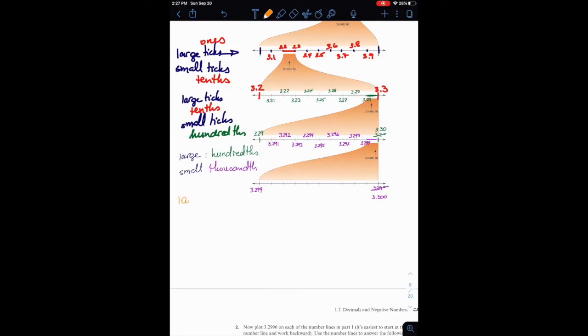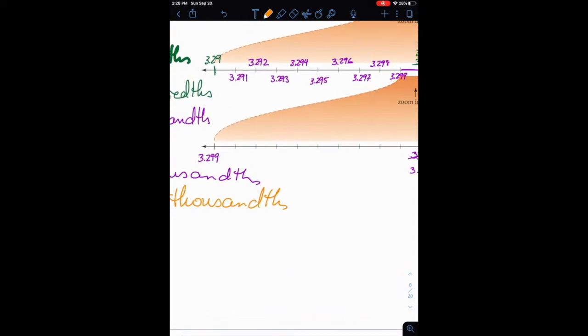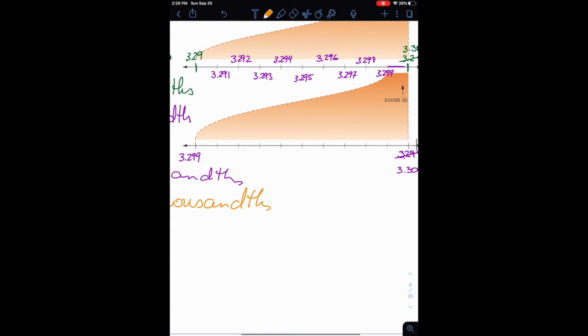The large would be our thousandths, and the small ten-thousandths. So if we were to zoom in even further, we'd have 3 wholes, 299 thousandths, and 1 ten-thousandth. 3 wholes, 299 thousandths, and 2 ten-thousandths.